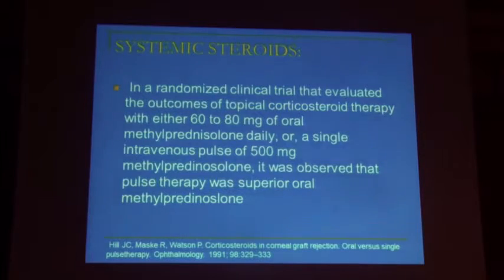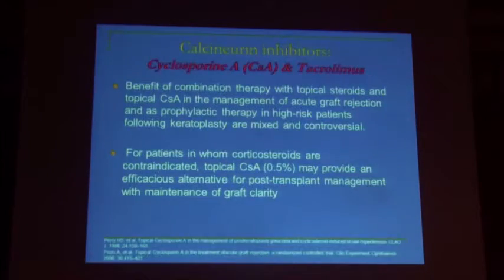The main cells responsible for rejection are the T and B lymphocytes. The oral steroid will only decrease the function of these cells, but with the infusion of methylprednisolone, it will kill the T lymphocytes. So you have the chance to decrease the rejection rate. So it's preferred to use only the methylprednisolone infusion in this case.